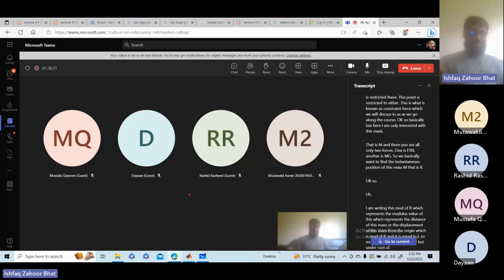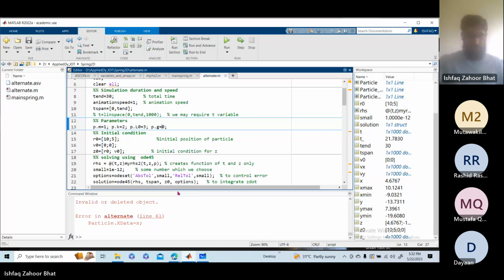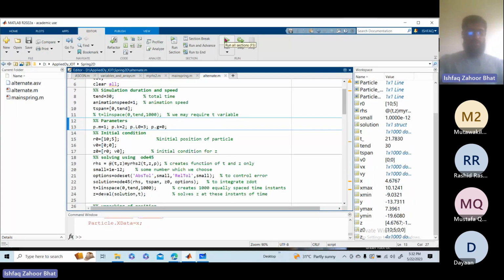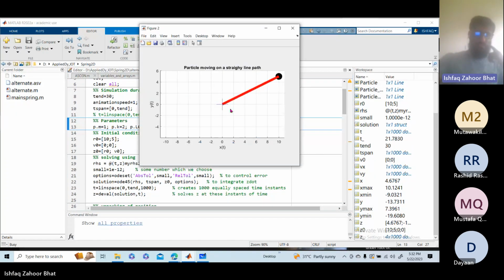I don't know whether that is correct, because you are saying that it will oscillate towards the origin. So let us see if your argument is correct, and if it is correct, how much it is correct, and if it is wrong, how much it is wrong. Okay, let us see. So are you correct?